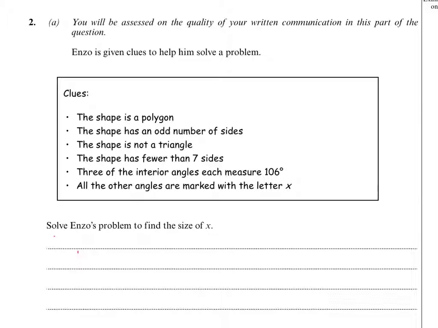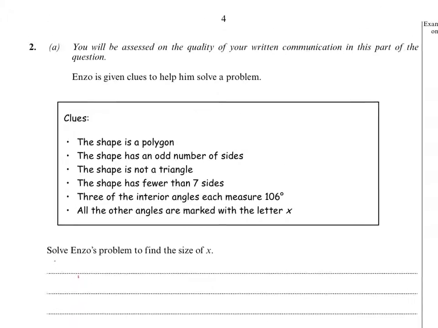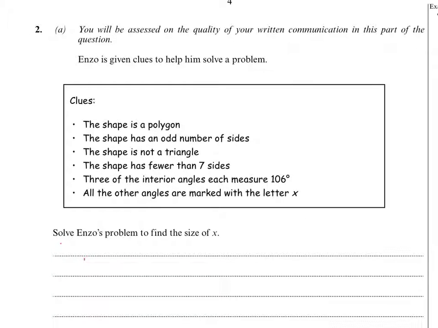This question is a QWC question, quality of written communication, and as you can see, it's worth 8 marks, where 2 of the marks are given to the quality of your written communication.